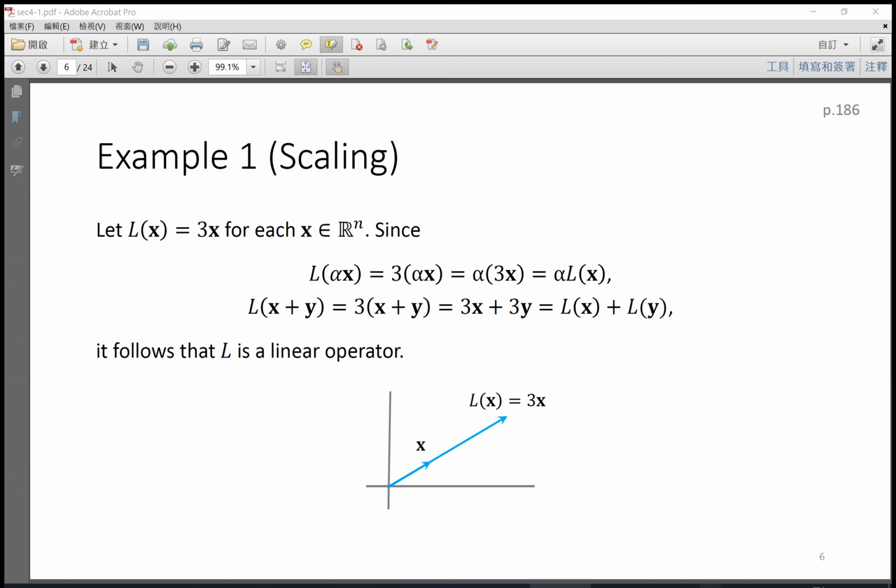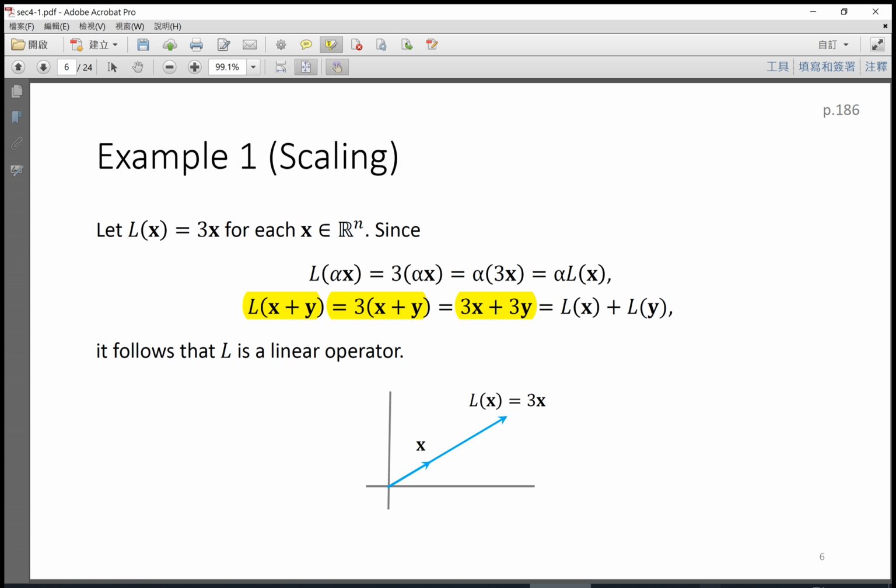To prove L satisfies the additivity property, we consider L(x + y). By definition of L, this can be written as 3(x + y), and this is equal to 3x + 3y.